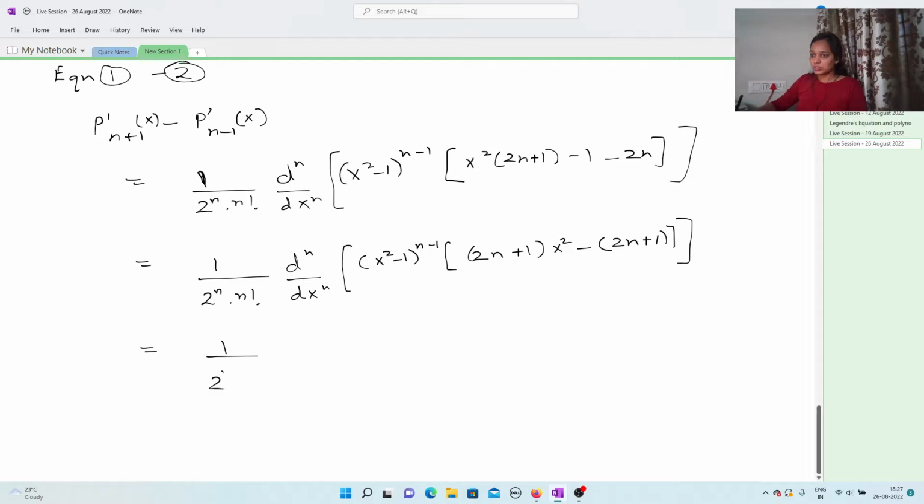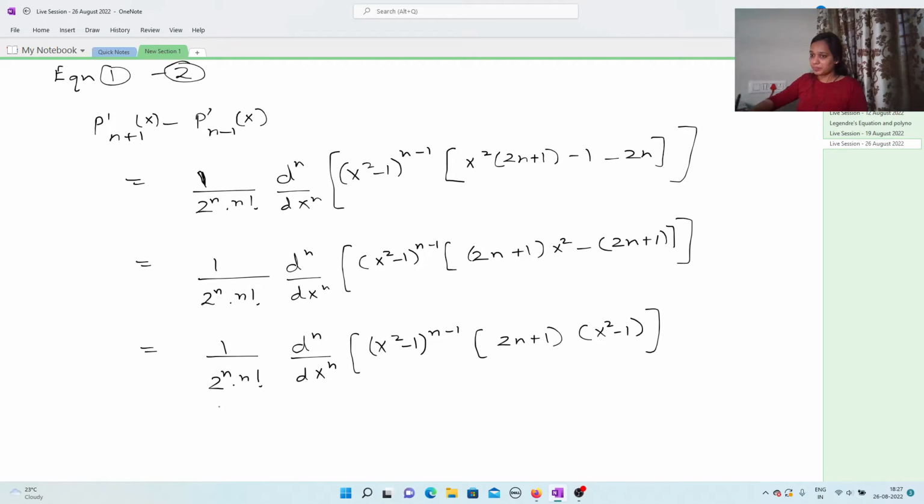What will it be now? 1 over 2 to the power n into n factorial, d n over dx n, and we can write it as x square minus 1 to the power n minus 1 into 2n plus 1 common, then this becomes x square minus 1.